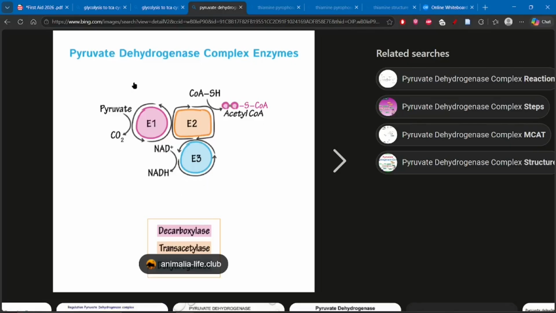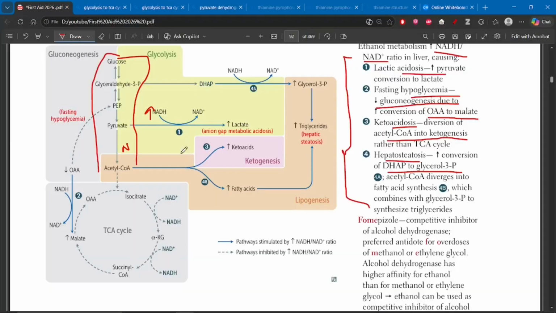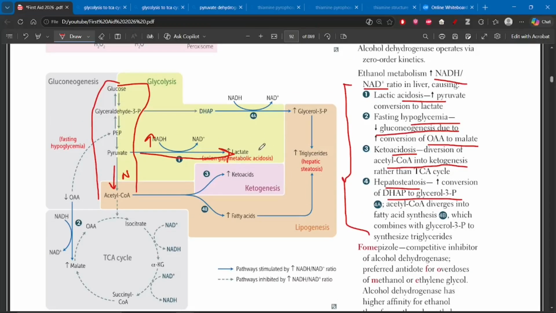However, if a person consumes ethanol excessively, NADH is going to increase and NAD is going to decrease. So this complex is not going to work. So instead of forming acetyl CoA, it is going to go towards the lactate pathway, and it is going to form a lot of lactate, giving rise to lactic acidosis. That's how it forms lactic acidosis.